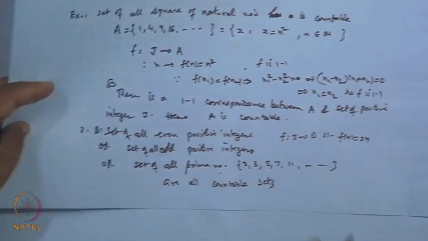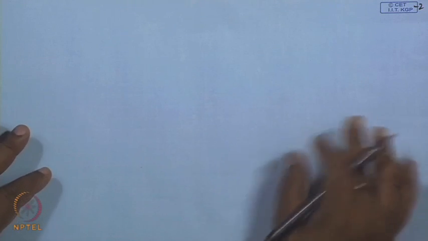Similarly, for the primes also we can do that. Okay. So, these are all sets which are countable and they are all subsets of the natural numbers. So, this shows that an infinite set is a set which has a 1-to-1 correspondence with its subsets also. Okay. So, that is why we define it like that.